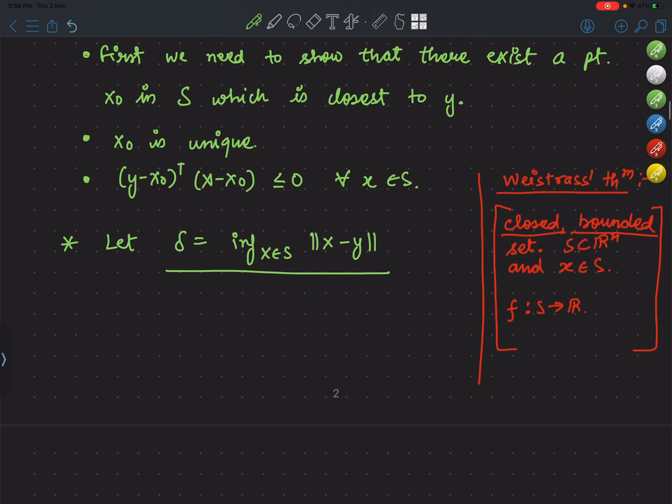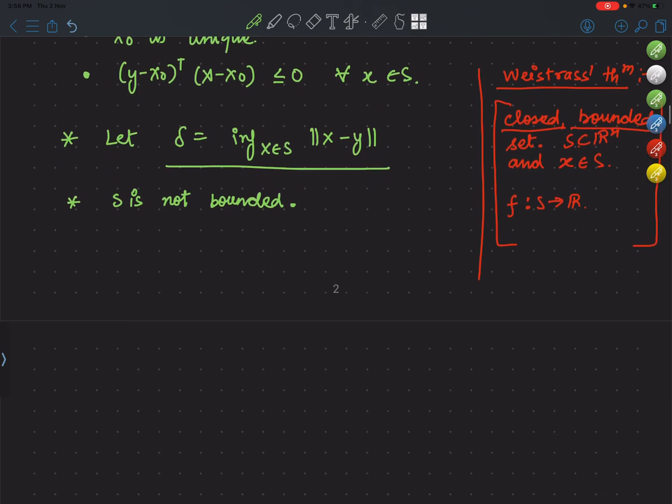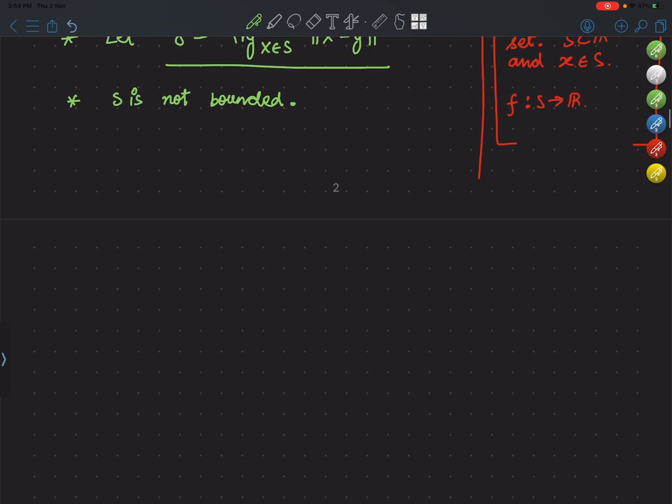Also note that S is not bounded, so right now we cannot use the Weierstrass theorem because S is not bounded.